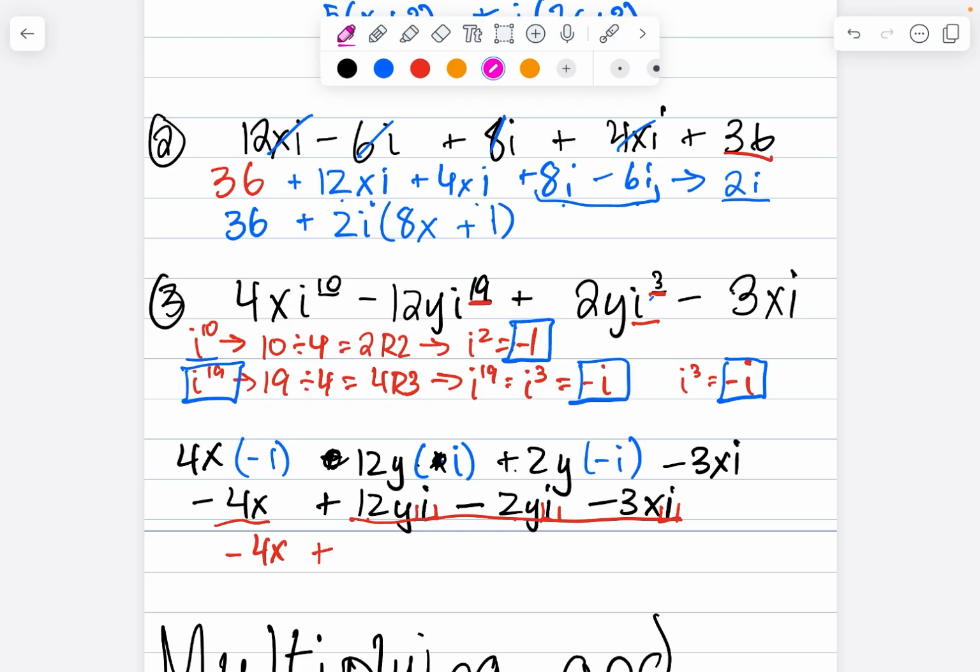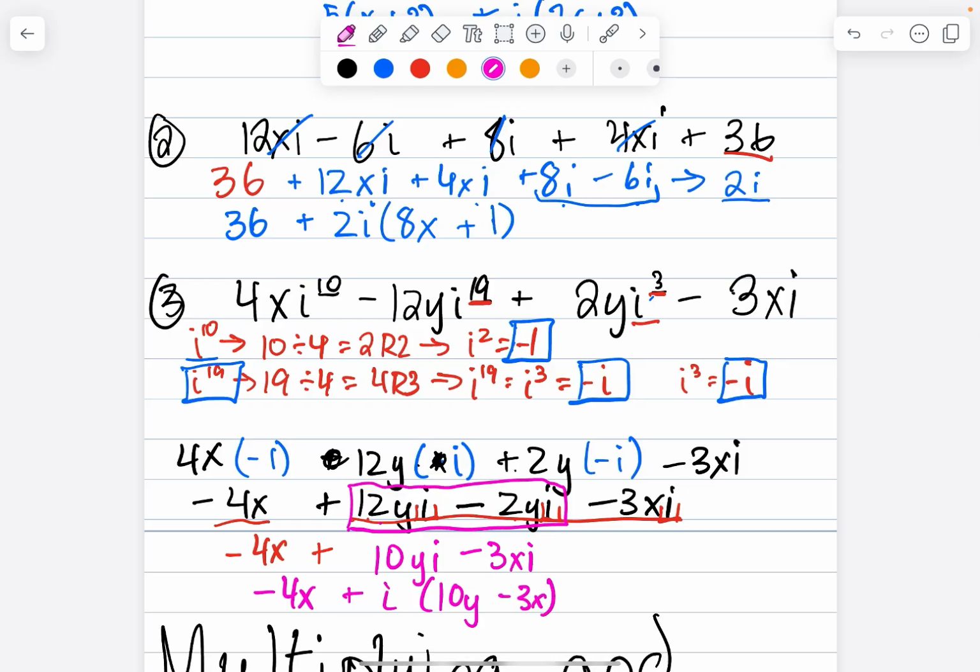So 12yi minus 2yi is 10yi minus 3xi. So that's these two terms together. Now to make it look all nice and fancy in a plus bi form, I'm going to factor out the i here. So I get i times 10y minus 3x. And that's my final answer.